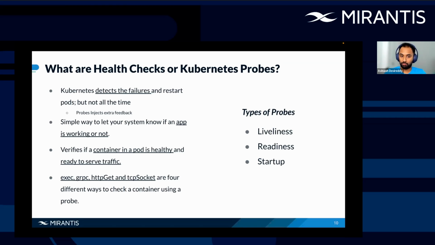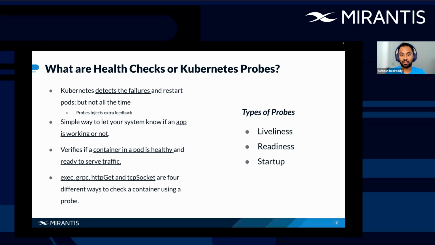Just to reiterate, a probe verifies if a container in a pod is healthy and ready to serve traffic. That's one of the key traits of Kubernetes probes. There are three different types of probes: liveness probe, readiness probe, and startup probe.